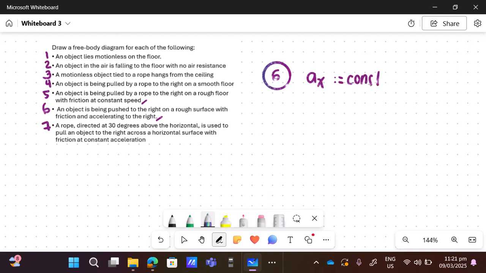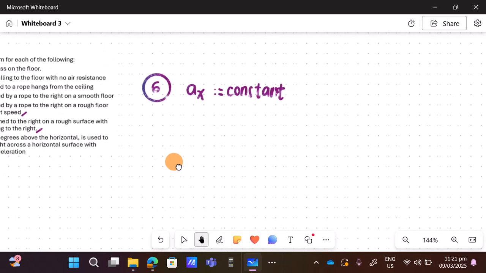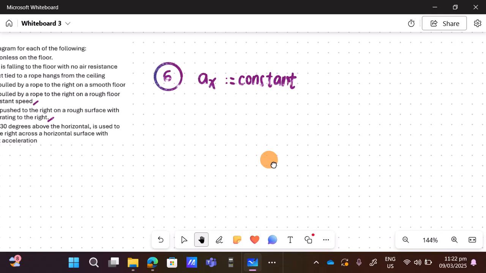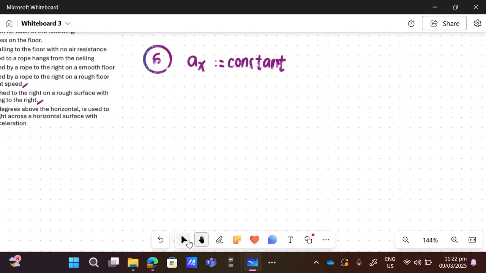So let's draw the object again, just like in number 5. In number 5, the object is pulled by a rope. This time the object is being pushed. So for example, we have a block, still a block, a box, for example.